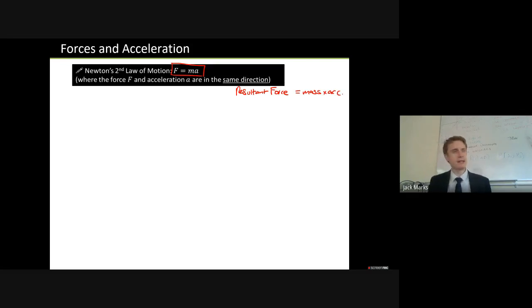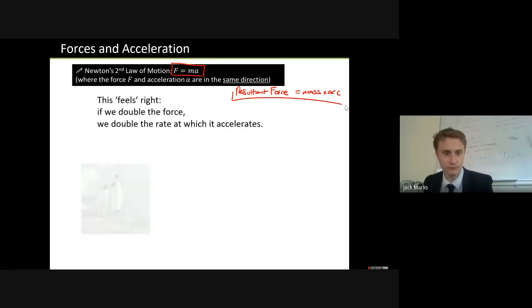Please do not say it's force equals mass times acceleration, because that will put you down the wrong path. I guarantee that will cause you to lose marks. Resultant force equals mass times acceleration is how you need to say this and how you need to think about it. So if you haven't already, make a note of this now, please. It will save you a lot of pain and lost marks in the future. Resultant force equals mass times acceleration.